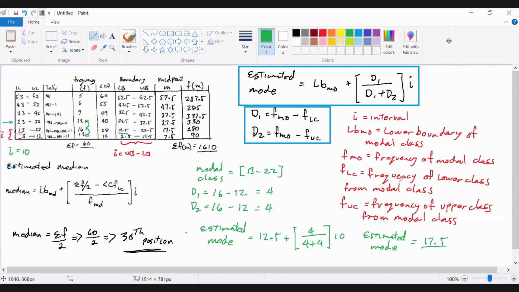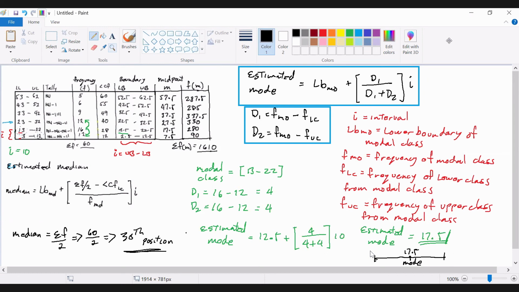Estimated mode is 17.5. Okay, you can also represent that in a number line if you want. Just like how we did the rest, using a number line. That is now the mode, 17.5.